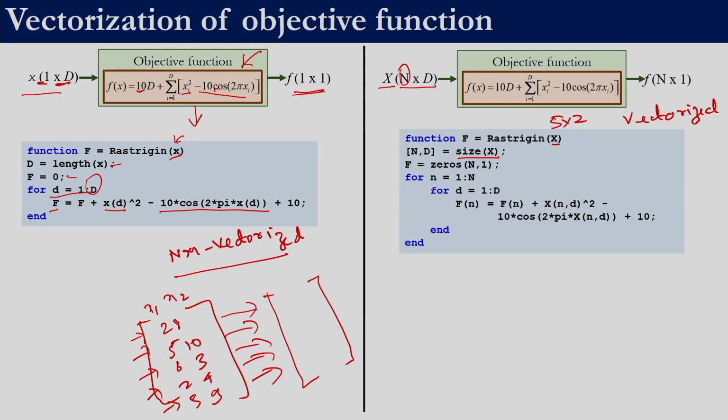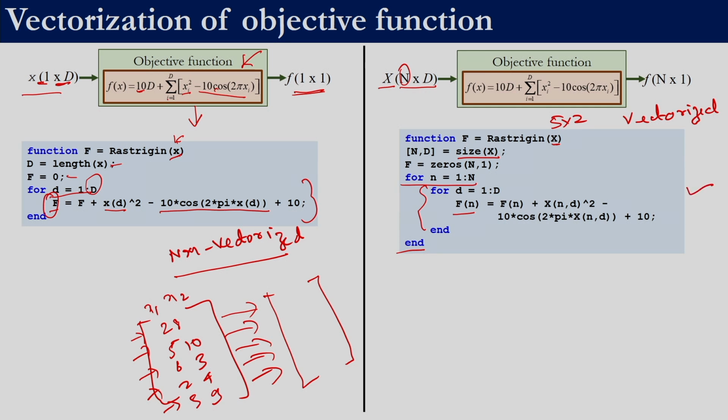This part of the loop is the same as this one, and then we additionally have this for loop which ensures that we calculate the fitness function of each of the solutions. Since we want to store the fitness function of each solution, we use f of n over here. Here it was just f, here we will be using f of n. So this is a vectorized function.